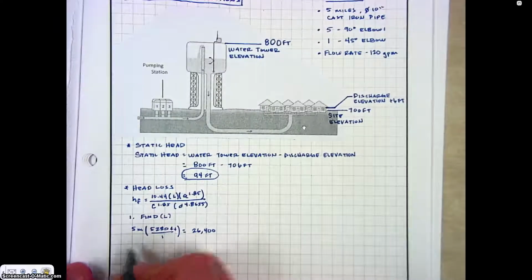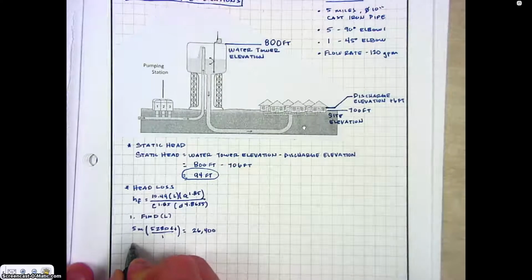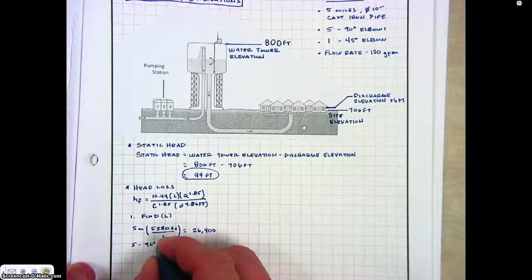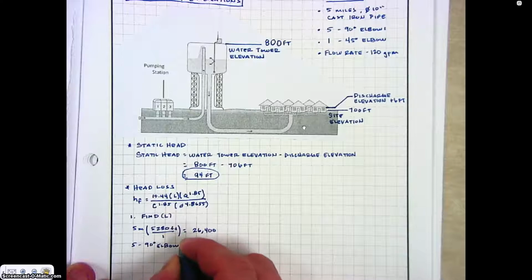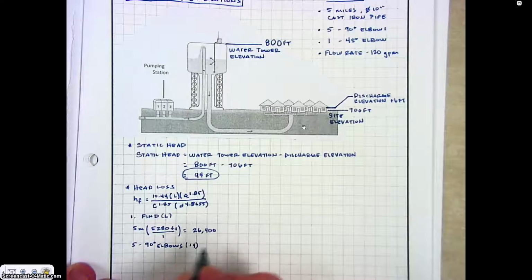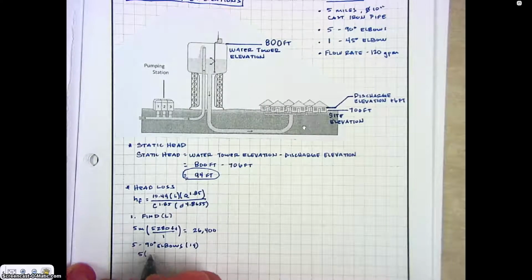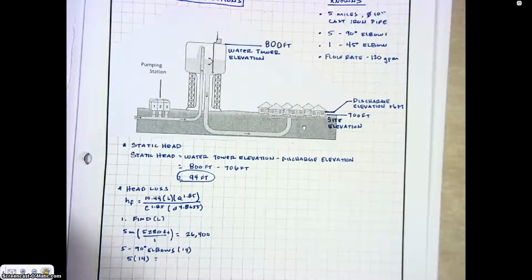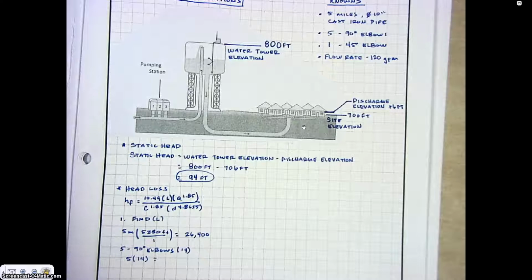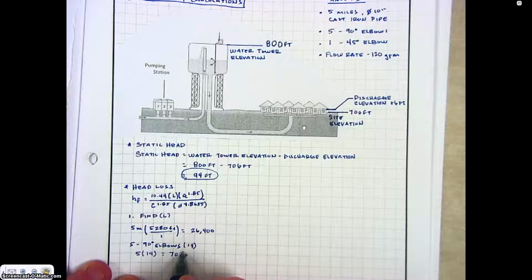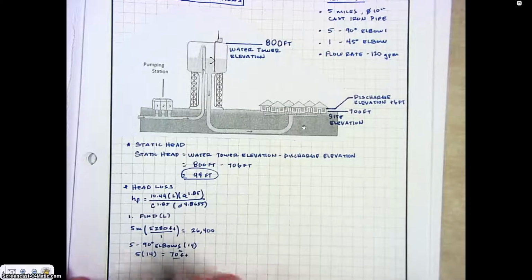We are going to have 5 90-degree elbows, and 14 is the number of feet each one accounts for. So we multiply 5 times 14 and we get 70. Let me double check on my calculator. Yes, 70 feet. Those elbows are accounting for 70 feet of pipe.